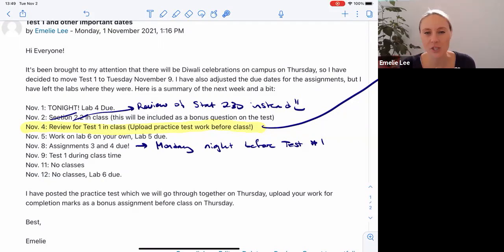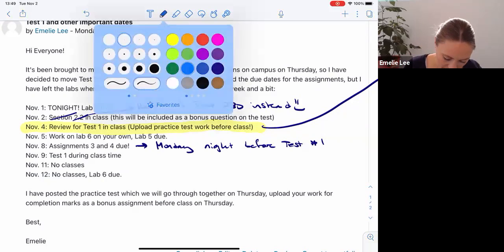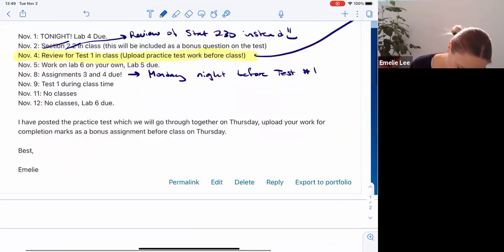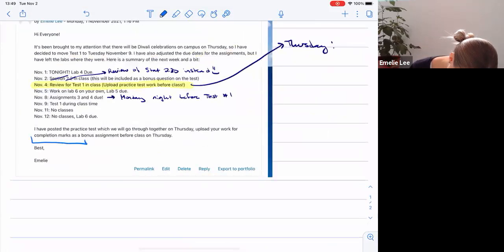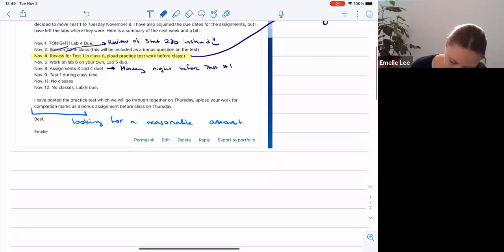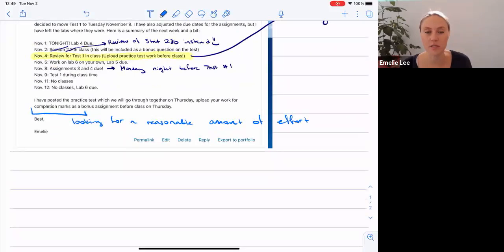In terms of completion, I'm looking for a reasonable amount of effort in your attempt. It doesn't have to be right, and it doesn't have to be 100% complete.